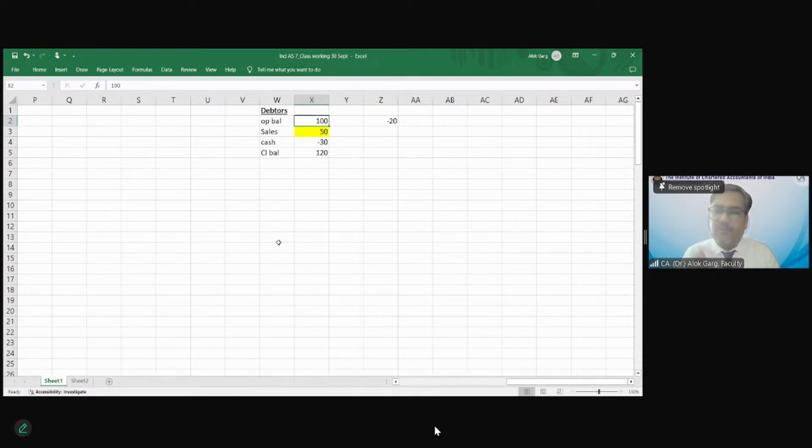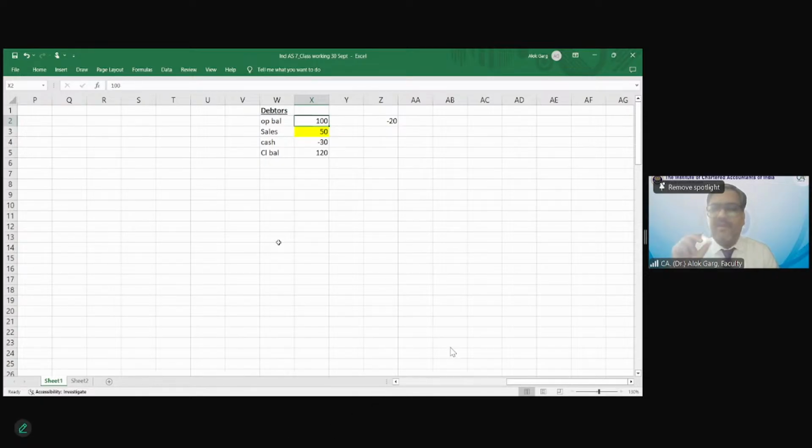During the year, I made a sale of 50 rupees, but I received cash of only 30 rupees. So what is my closing balance of debtor? 120. Can you please mute yourself, because there is a lot of background noise.